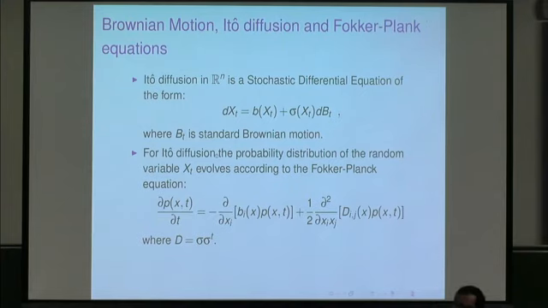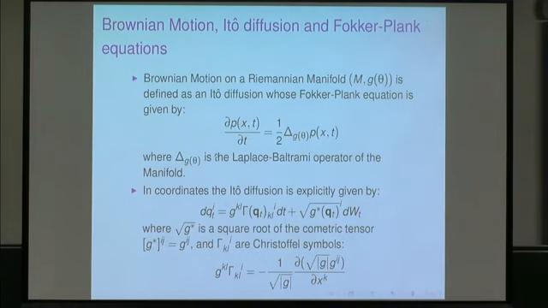square root of the covariance matrix. This is actually the definition that's used to generalize the notion of a Brownian motion on an arbitrary manifold M with a metric g: it is defined as that Ito diffusion whose Fokker-Planck equation is given exactly by the Laplace-Beltrami operator on the manifold M, whose transition probability distribution evolves according to the Laplace-Beltrami operator.